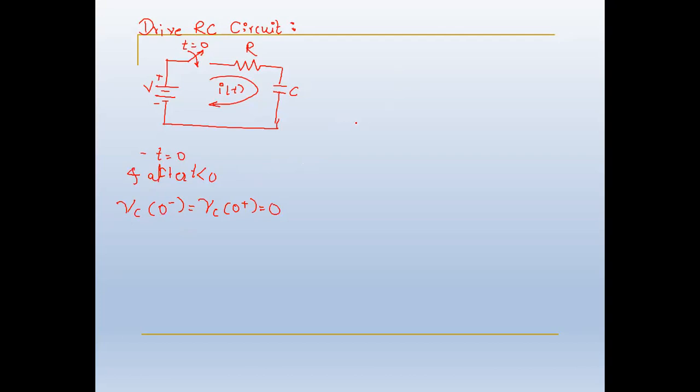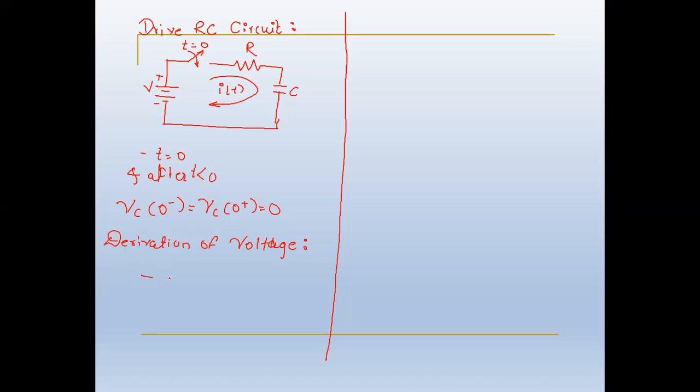Now we have to start with the derivation of voltage. At t is equal to 0, the switch is closed.